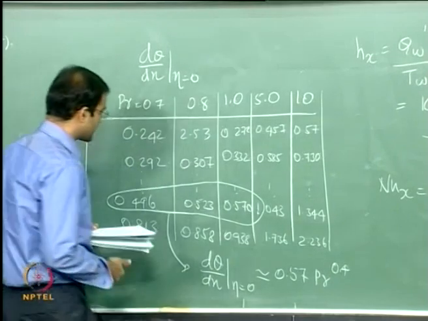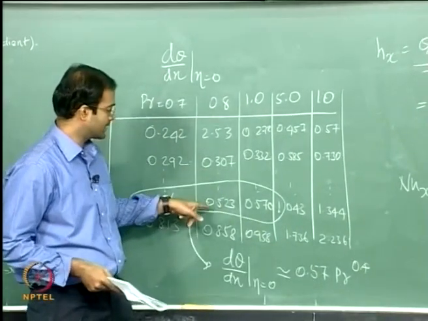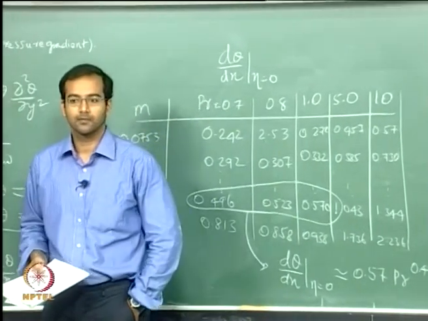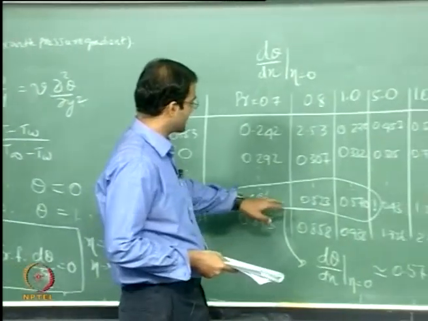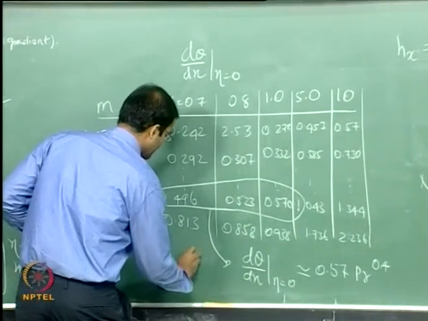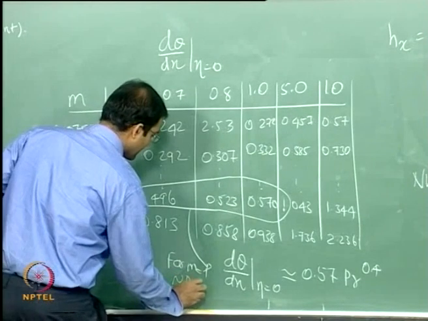Can you just check, can you substitute Prandtl number as 0.8 and check whether you are getting something close to 0.523? Okay, so this is the kind of fit that you can do for m equal to 1 around Prandtl number close to 1.